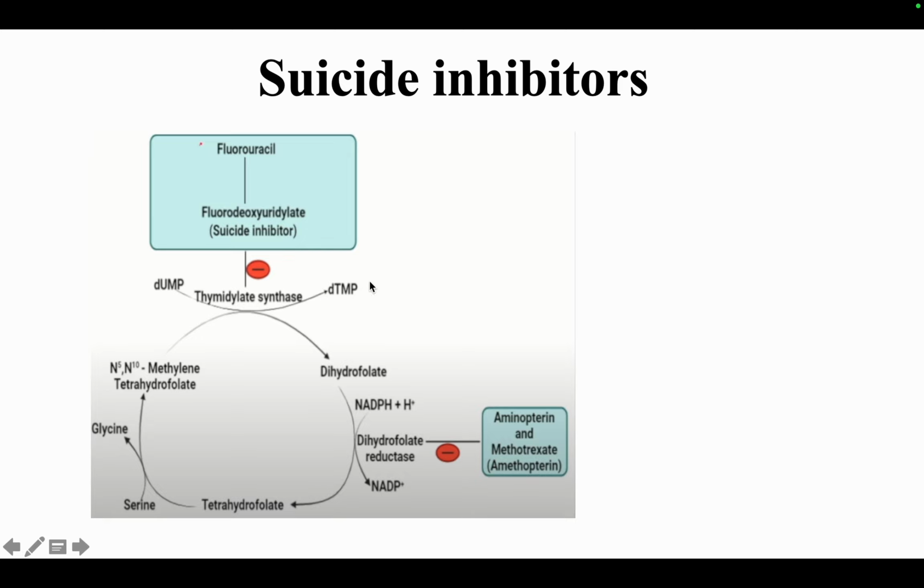So fluorouracil will act on those rapidly dividing cancer cells by inhibiting their DNA synthesis. So it's an anti-cancer drug.